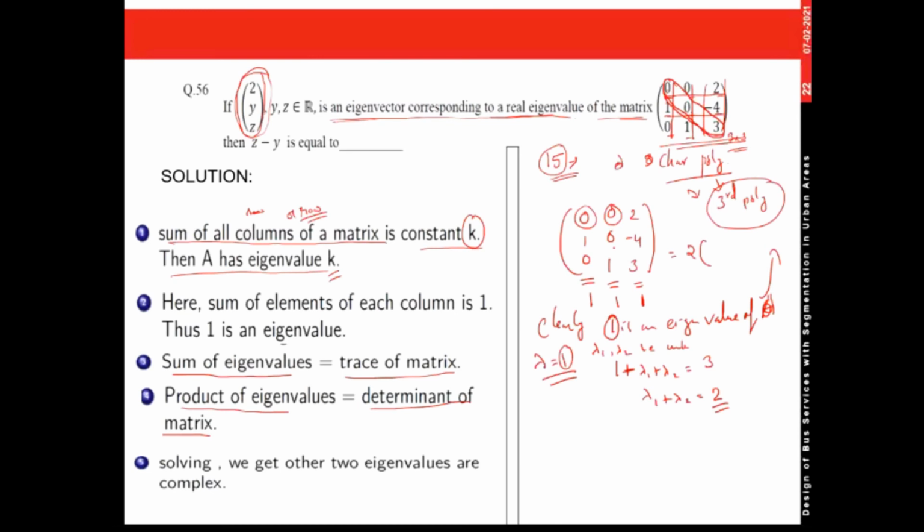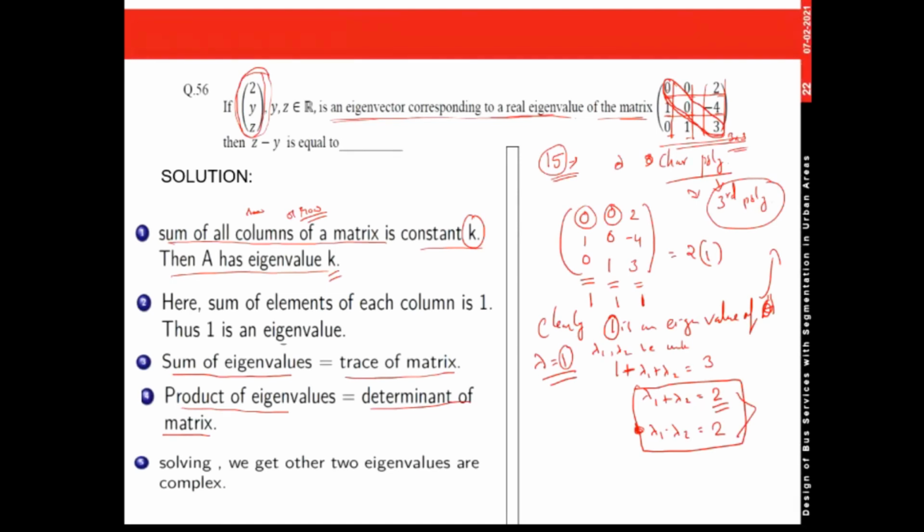So 1 into lambda 1 into lambda 2 is the product of the eigenvalues. So from here it is clear that lambda 1 plus lambda 2 is equal to 2, and lambda 1 into lambda 2 is equal to 2. So there are no real values here.